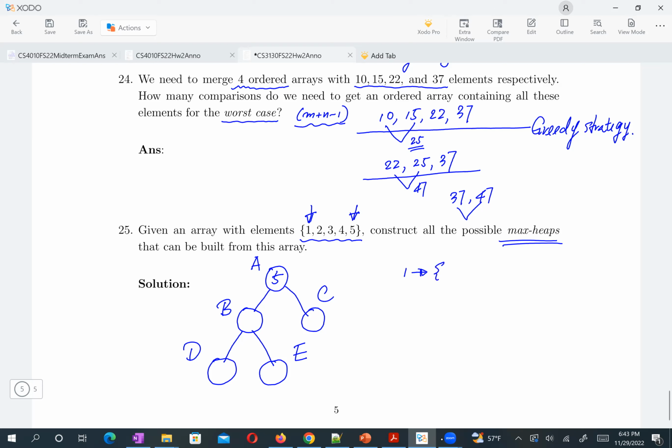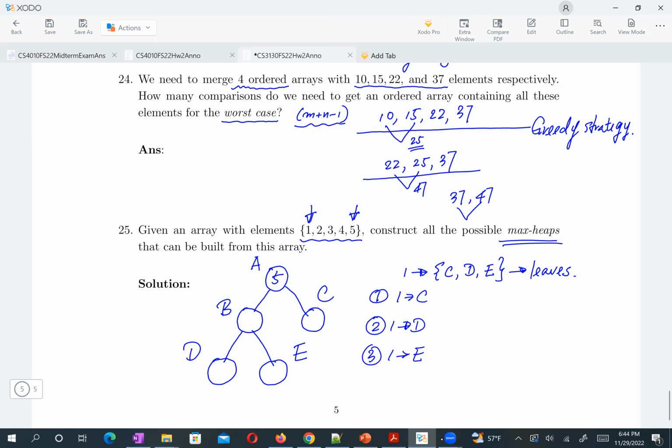So you can only consider 1 in C, D, E. Then for each case, it's case 1, 1 in C, case 2, 1 in D, and case 3, 1 in E.